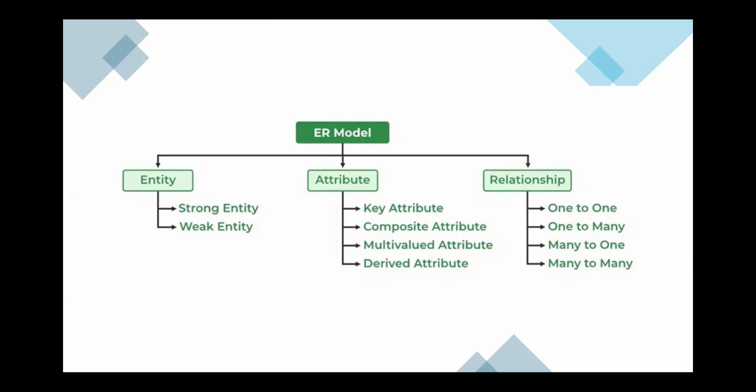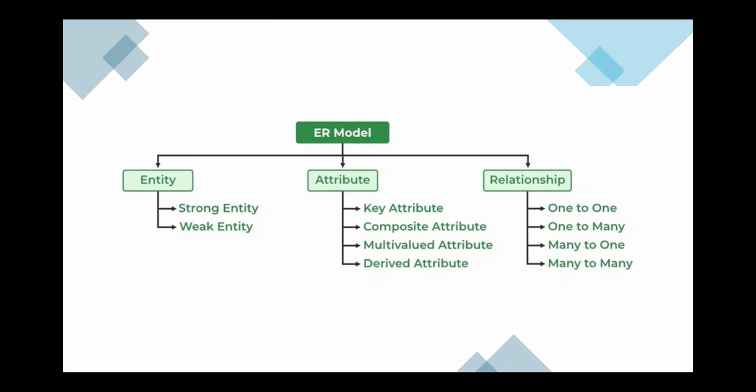Attributes are usually the columns in the data table. You have different types of attributes: key attributes, composite attributes, multi-valued attributes, and derived attributes. We'll see them, but basically understand that these are the columns or the items for which you get data for the entity. For example, for the student entity, you have a student name, a student contact, a student email ID, right? These are attributes about the student.